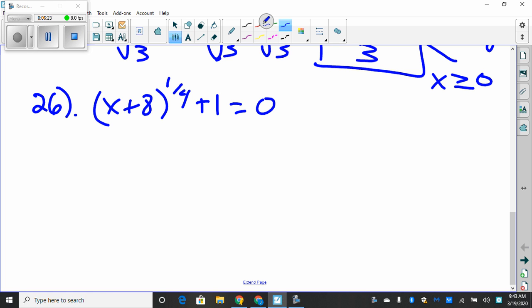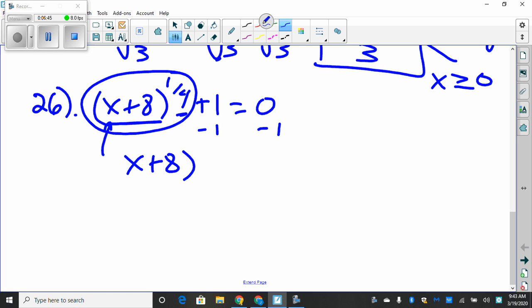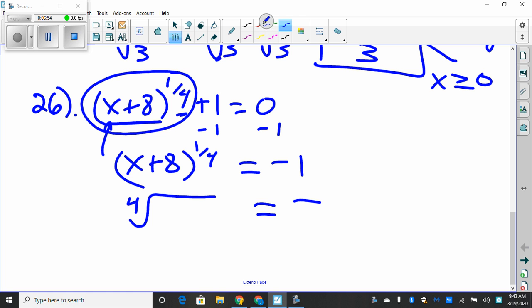Right now, just this part here would show you that if you put in -9, it's not going to work, because the domain's already restricted since I'm taking an even root. This cannot be negative. But watch what happens here. The first thing I'm going to do is take away 1. So I have x plus 8 to the 1/4 power is equal to -1. Right now you should know this is the 4th root of something equaling a negative number.